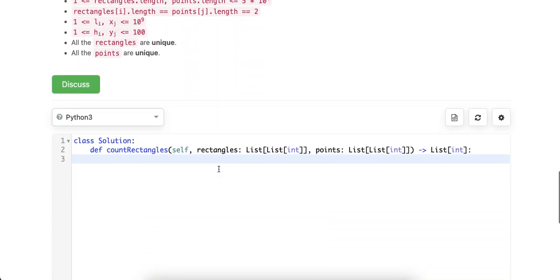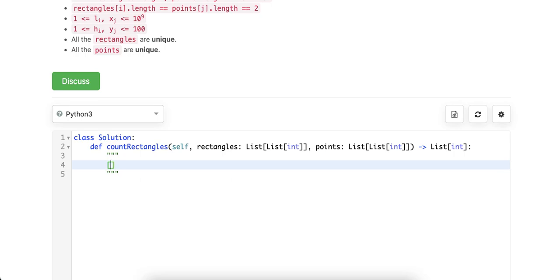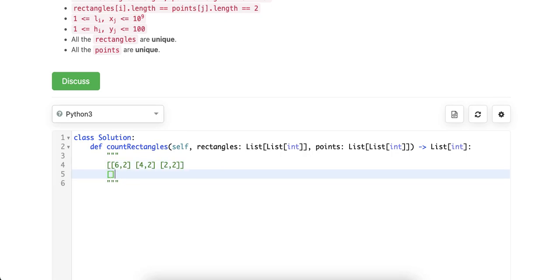But for now, let's go for it. First of all, maybe I will first explain the efficiency that we can get when we order the rectangles in reverse order, descending order. So let's say that one is the rectangle and this is the point.